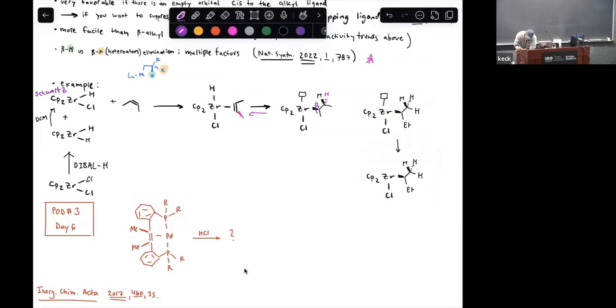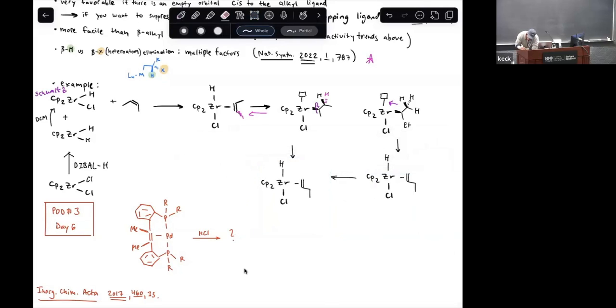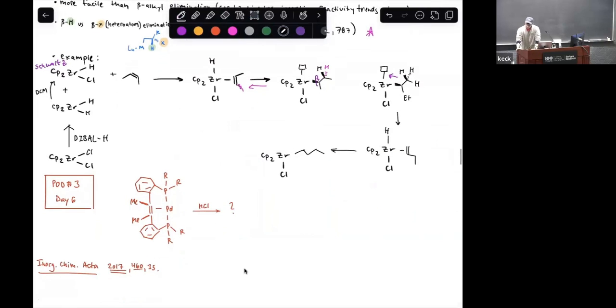And then now you're going to have a bound terminal olefin hydride, and I think if I heard you right, Ningxi, you said this is going to react further to make a primary alkyl zirconium species. Is that correct? And this process is called chain walking.